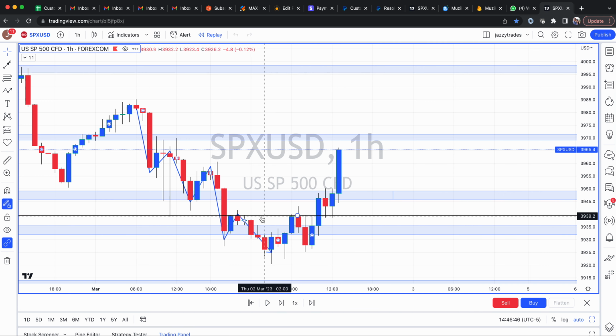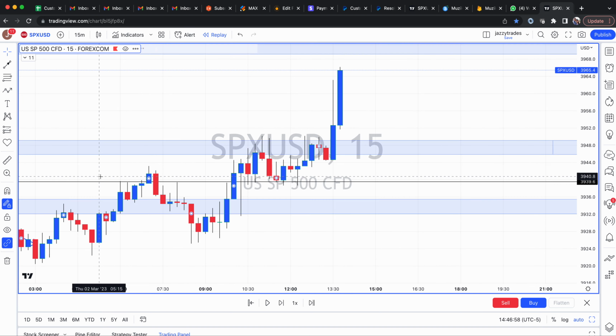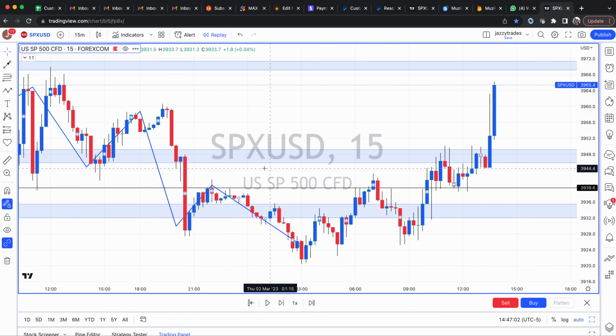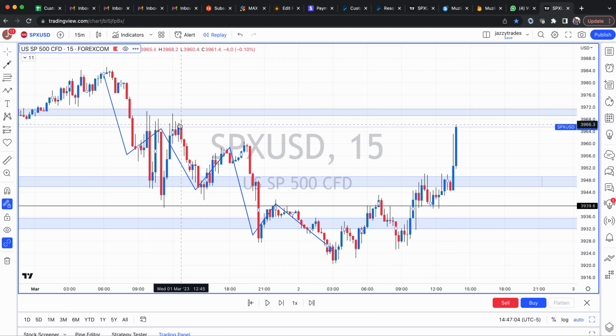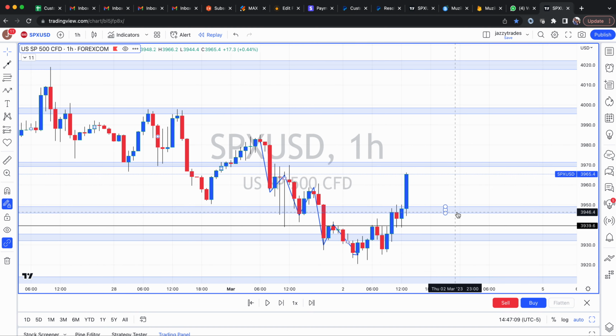Double bottom test of the previous high. Not magic, right? Is this testing previous high? This should be the easiest entry of them all. If you look on 15 minutes, it's much clearer. No, I lost myself. I'm gonna go back to 1 hour because I was explaining in 1 hour.